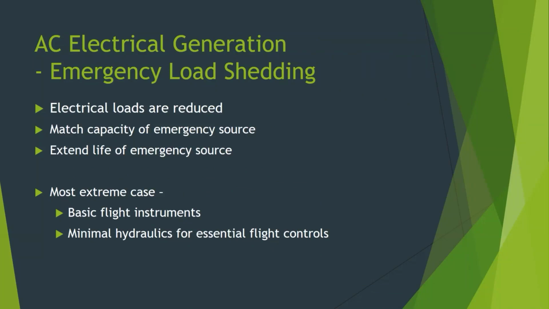This is what I was talking about earlier, the air-driven generator. The only things that may be powered in these situations are your most basic flight instruments. Again, enough to be able to do some navigation for a limited period of time, considering you're probably not going to be flying very far in this configuration. Be able to control the airplane, maintain directional control, which is what the hydraulics, with hydraulic driven flight controls, you have to have some form of hydraulics in order to operate the flight controls.